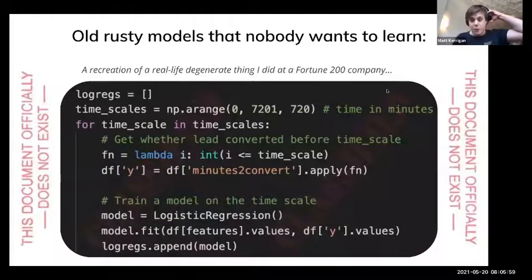And actually, I have my own personal story with this, which you're not allowed to tell people about because it's embarrassing and really degenerate. Conceptually, they're old rusty models that nobody wants to learn. This is a real story from very early in my career at a Fortune 200 company, where instead of learning a time series model, I just did a for loop and trained a logistic regression for different time scales and deployed something like 6 or 12 models, and just told marketing and the other teams to work with that.